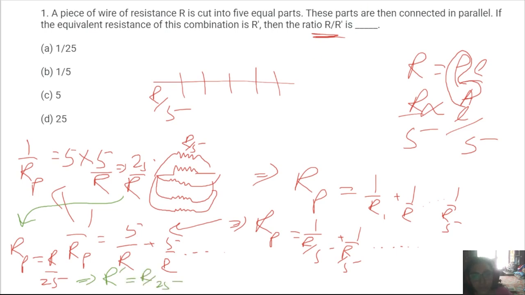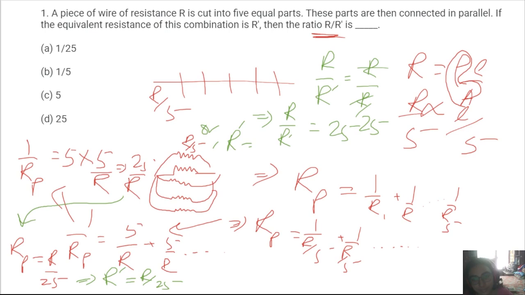So now if we calculate the ratio, R prime is basically R by 25, or the newer resistance is basically 1 by 25 times of the initial resistance.